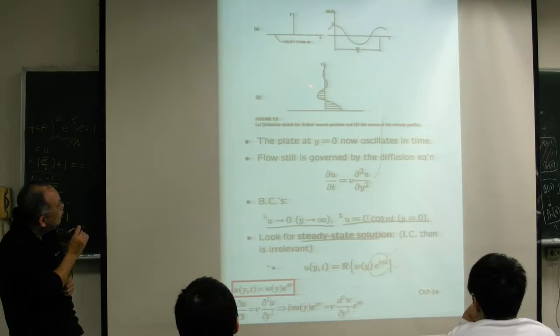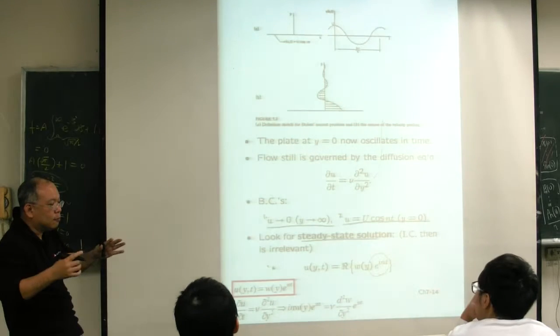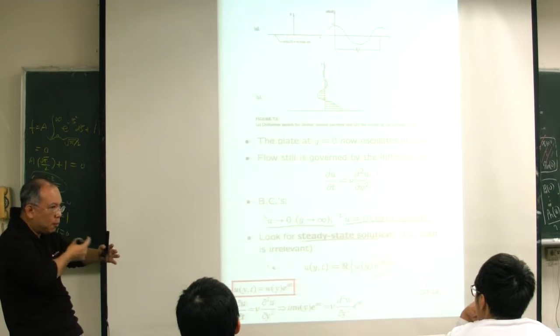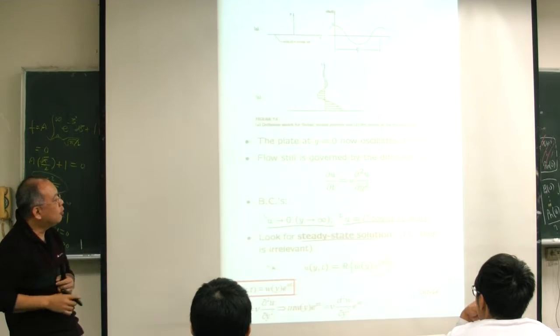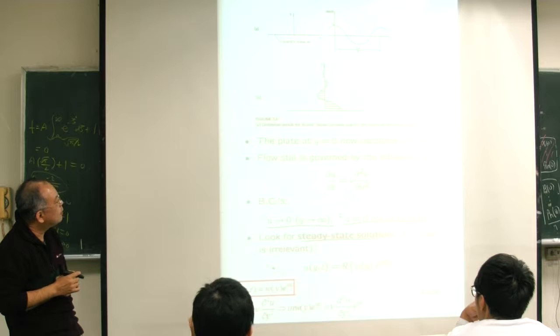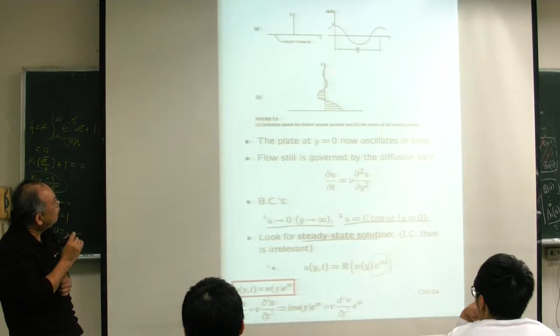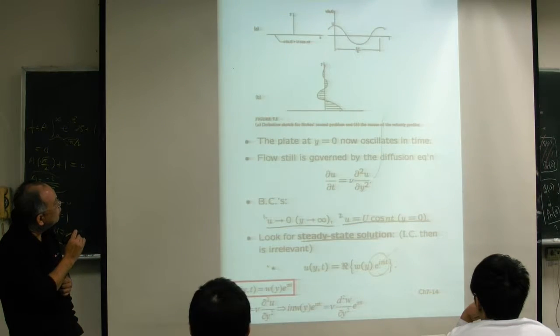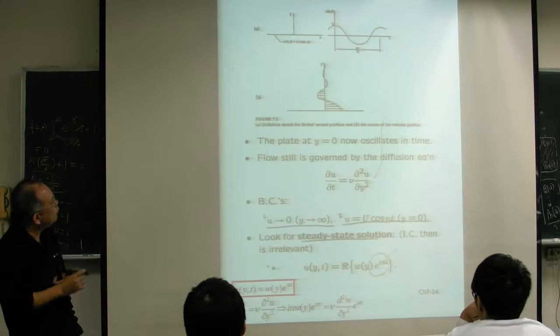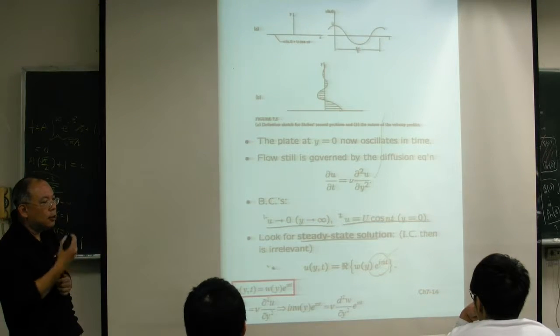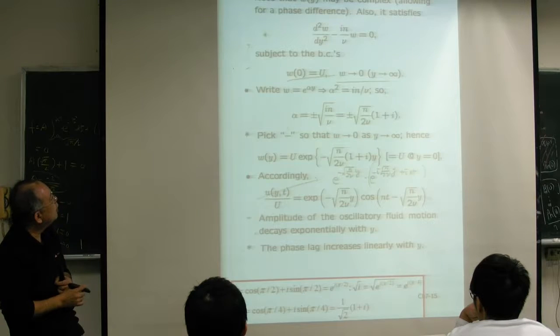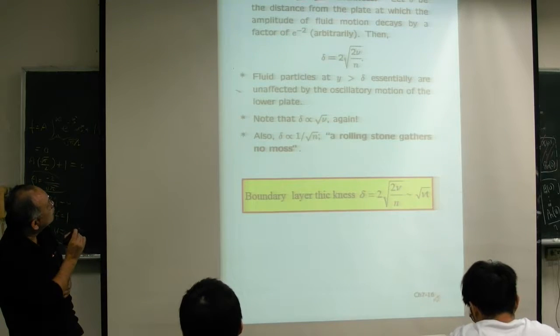Below that, I can see a large variation of the velocity profile. Above a certain distance, this change is very small, and we define this as our boundary layer thickness.